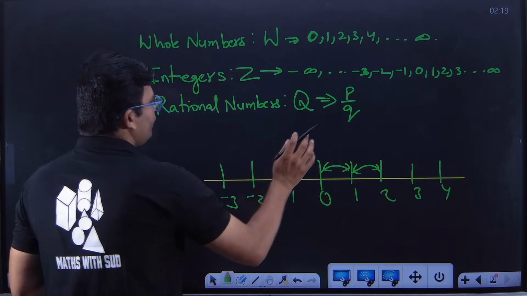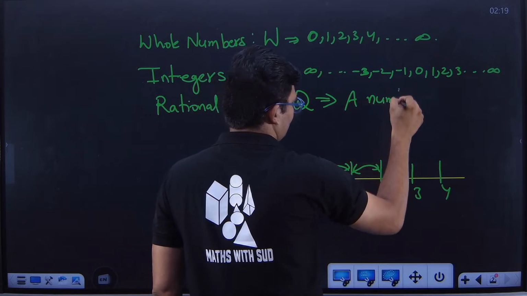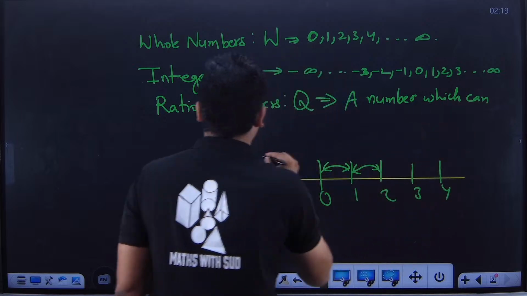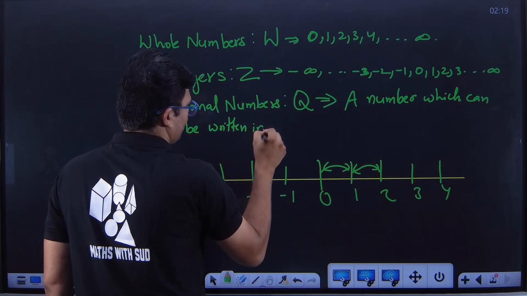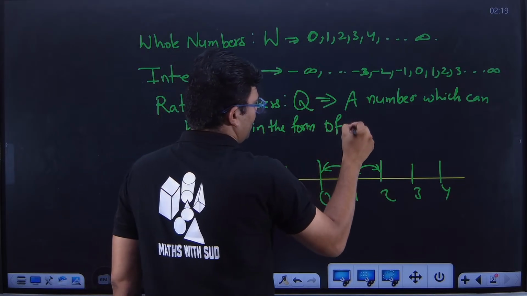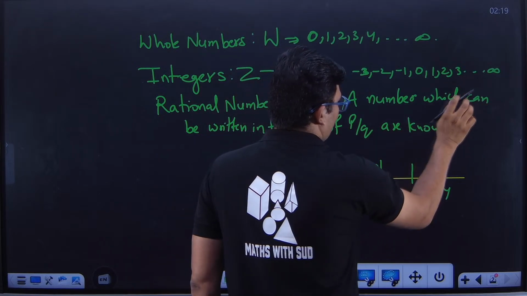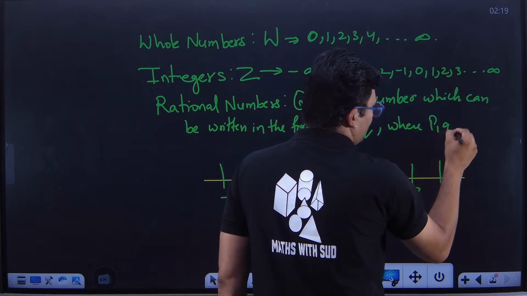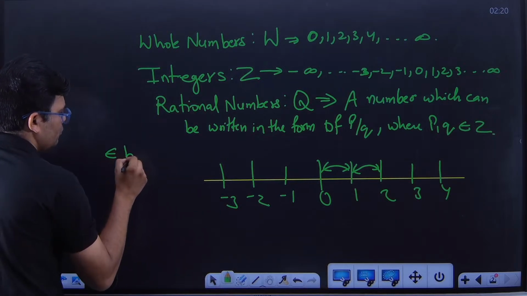So the definition of a rational number is, we will say, a number which can be written in the form of P by Q, where P, Q belongs to Z. Now this is a symbol for belongs to.